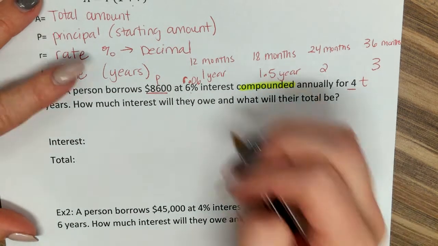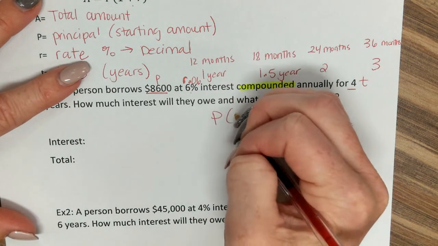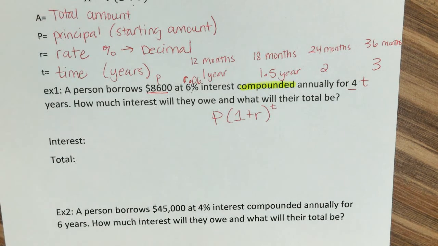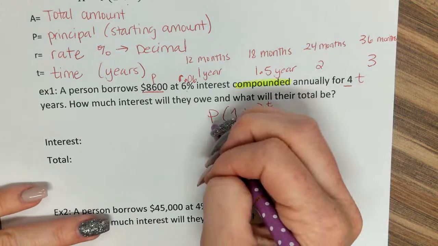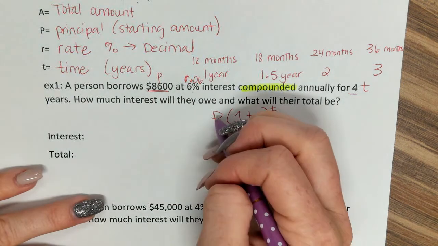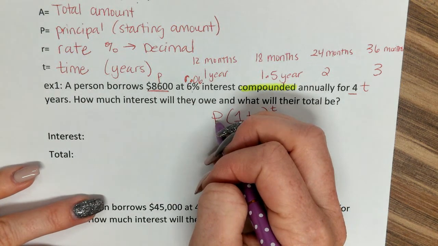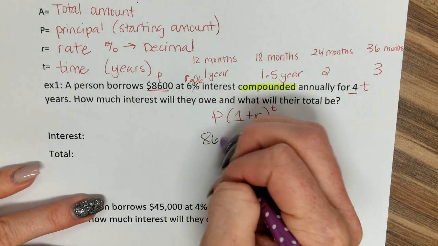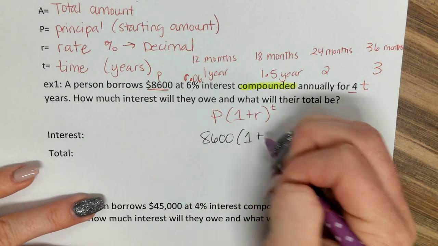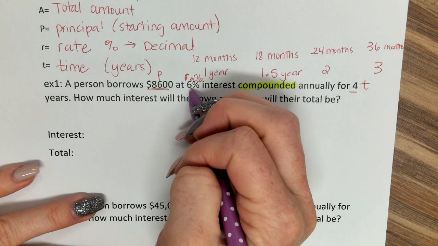So I'm going to go put in my formula. My formula is P open parentheses 1 plus R to the T power. Guys, the 1 comes from the formula. It will always just be a 1. So here we go. What is the P? 8,600. Open parentheses. 1 plus. What is the rate?